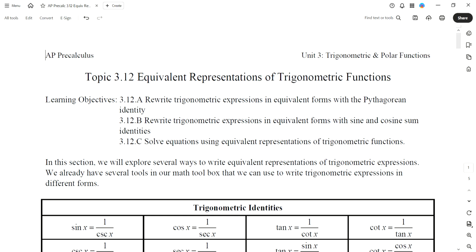We factored, we found poles. We also did manipulation with exponentials using transformations, as well as logarithms using transformations, and manipulating those things to find equivalent representations. So now is our turn to do equivalent representations of trigonometric functions.